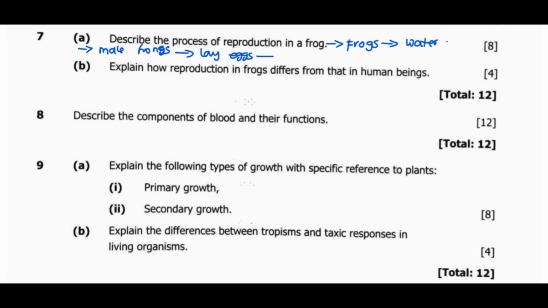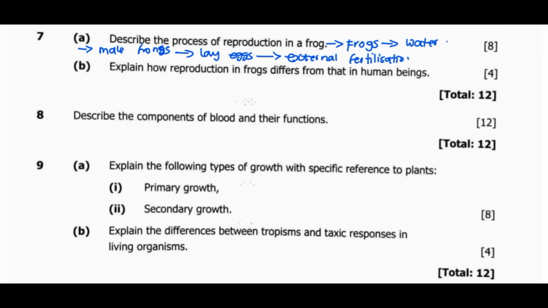Now after the eggs are laid, the male frog releases his sperm over the eggs. Then we are going to have what we call external fertilization. External fertilization is just the type of fertilization that takes place outside the body of the female.